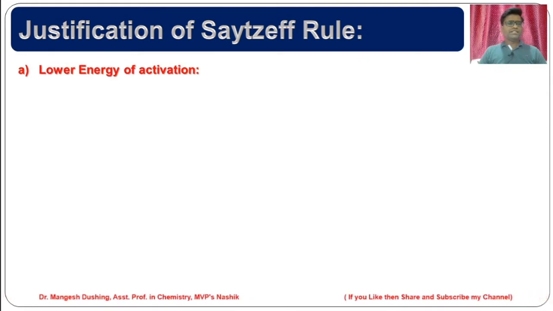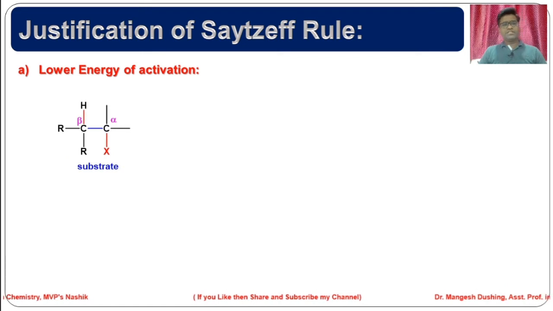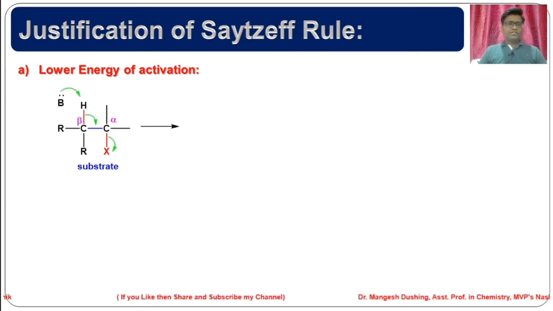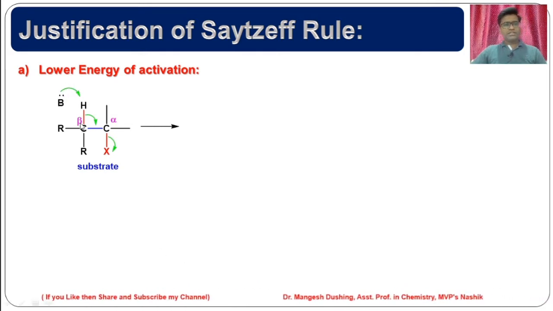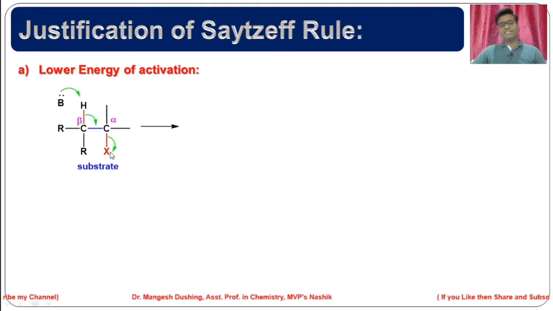What are the reasons? The first reason is the lower energy of activation. For example, this is the substrate. On elimination, suppose a base is there, the base will abstract this beta hydrogen, the sigma electrons go over here to form a pi bond, and the leaving group will leave by taking its sigma electrons.